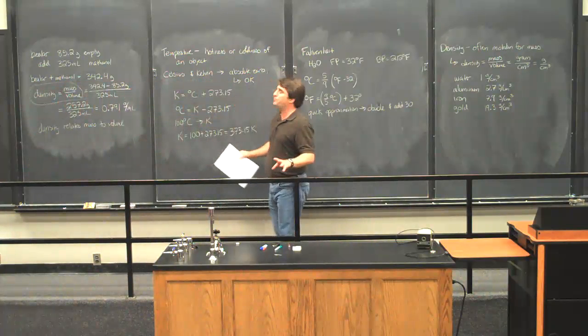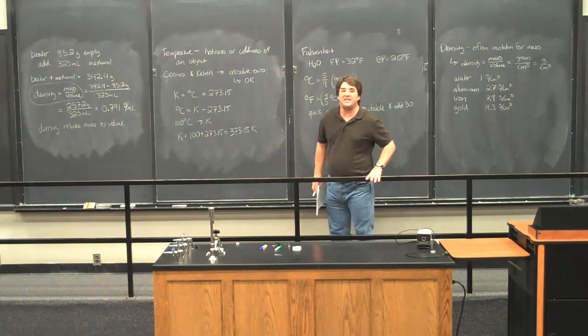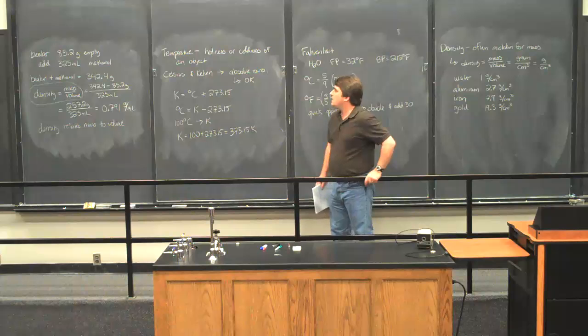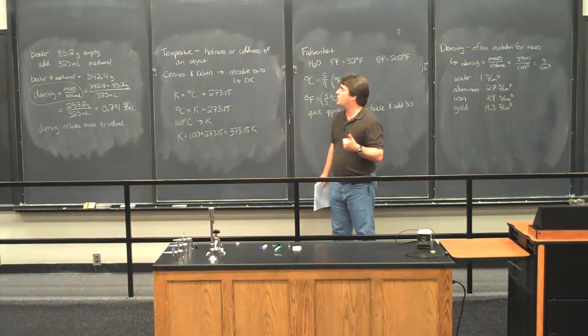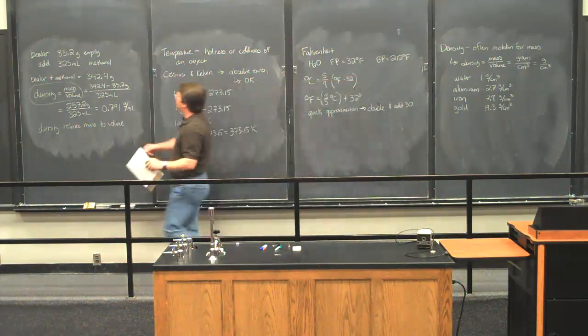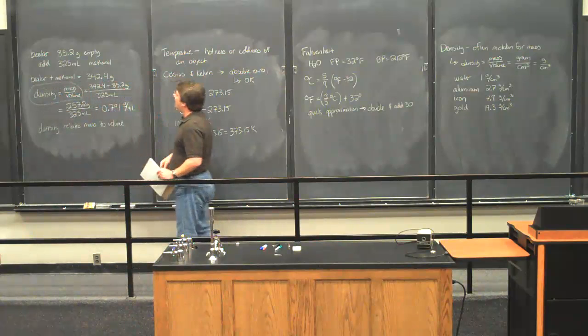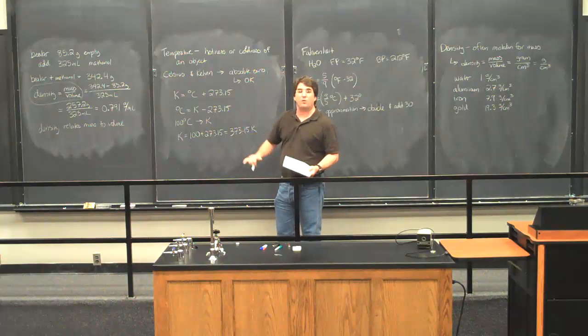I have an algebraic equation with three unknowns. And anytime we have an algebraic equation with three unknowns, if I know two of those, I can solve for any of the other unknowns. So in this equation, we knew mass and volume, and we solved for density. But I can absolutely rearrange that to solve for either mass or volume.